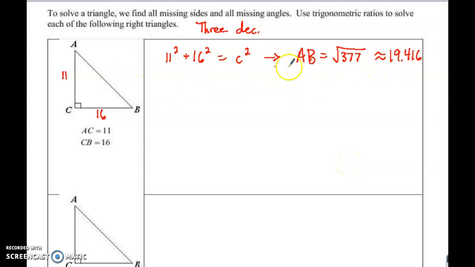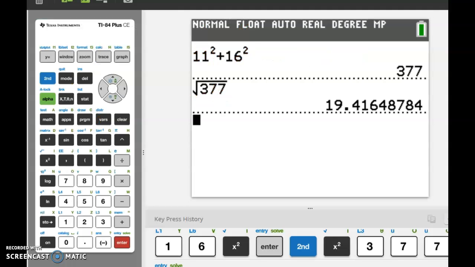So knowing that the hypotenuse is that 19.416, but finding angle A, only use the 11 and 16, the perfect answer. If you look at angle A, that is opposite over adjacent, and that's tangent in SOHCAHTOA. So tangent of A is equal to opposite is 16, adjacent is 11. So go to your calculator. You don't have to use my calculator.